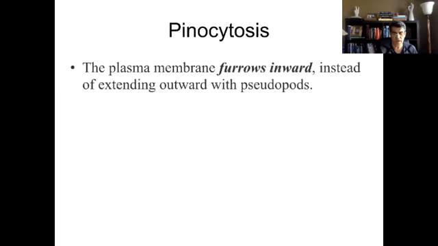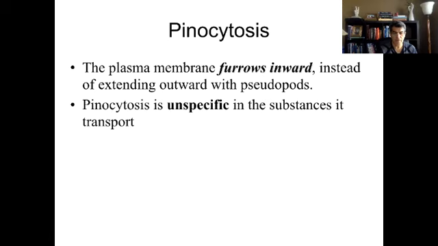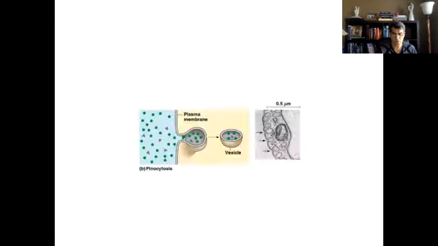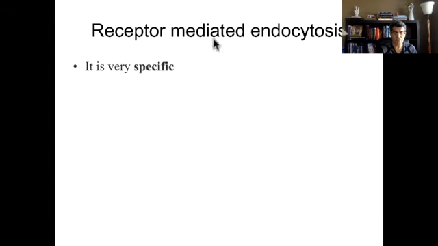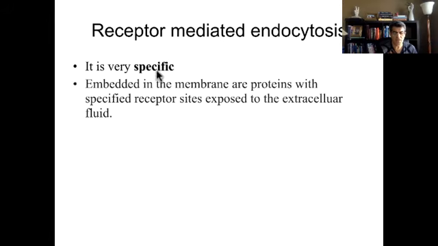In the case of pinocytosis, you create inward furrows, you create invagination, instead of extending out, which happens in phagocytosis. Also remember, we can have unspecific pinocytosis that can bring anything inside, just like this one, or we can have receptor-mediated endocytosis, which is very specific. You have to have a specific ligand sitting on the receptor to come in.